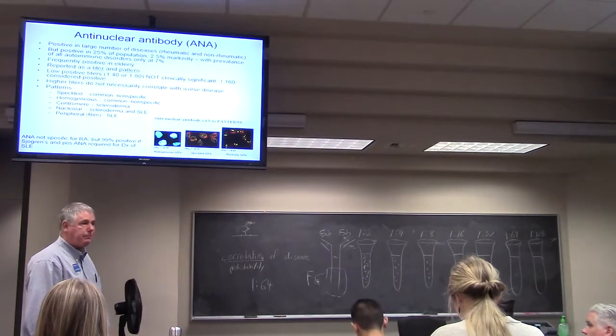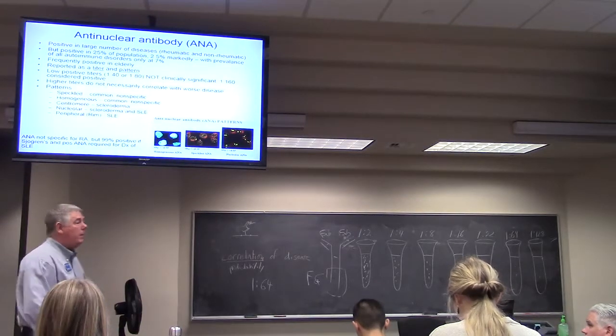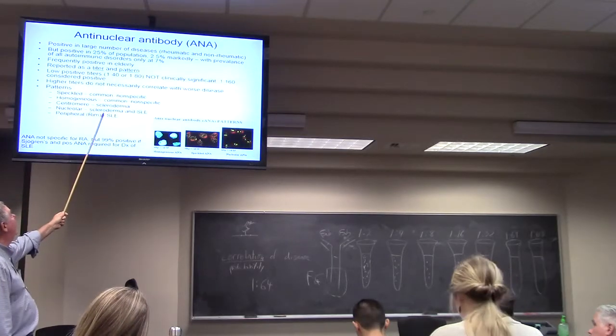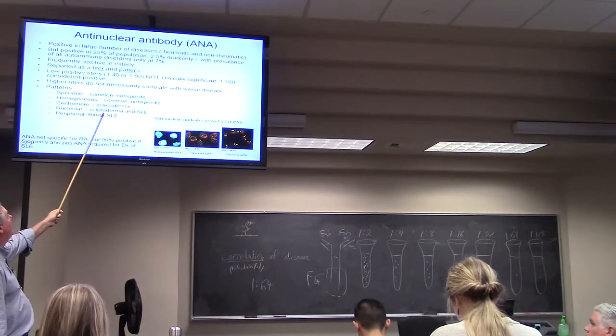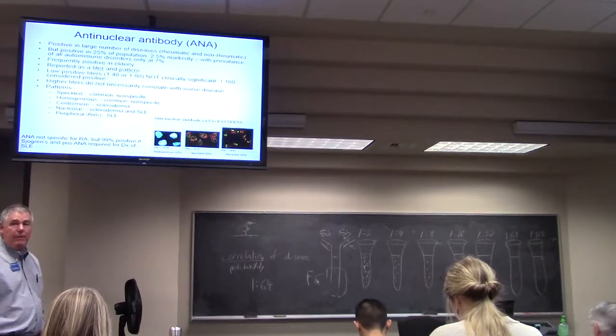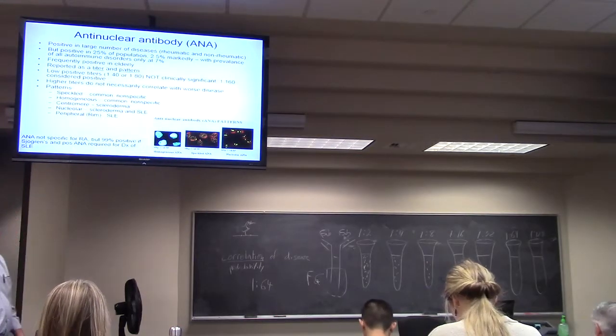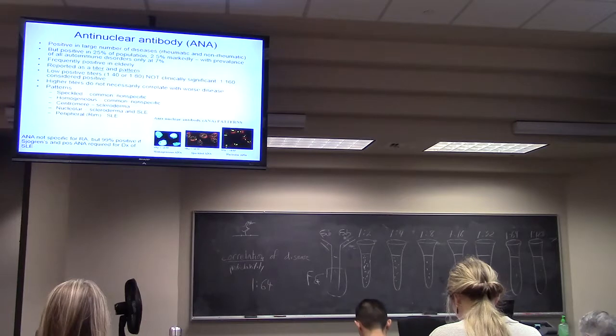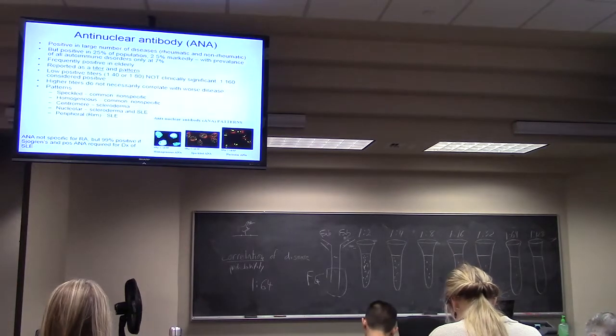All right? The other one where predictability is quite high is scleroderma. Centromere in particular. If you have a centromere pattern and your titer is high and you present with signs and symptoms of scleroderma, you have scleroderma.